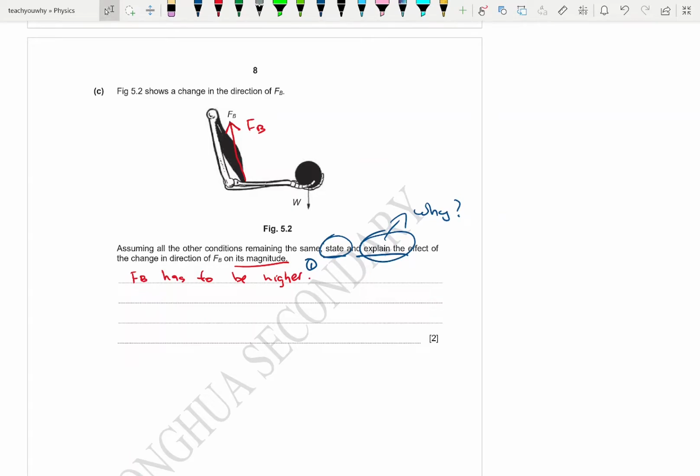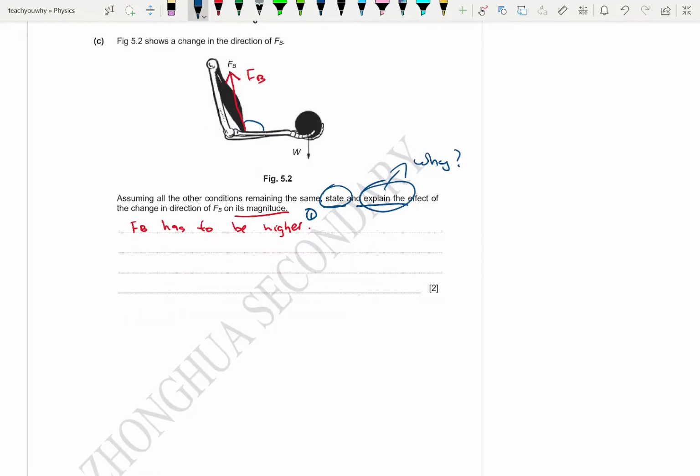If your moment arm has been reduced, then how can the muscles compensate to lift this exercise ball up? The only other way is that your force FB will be greater in order to compensate.